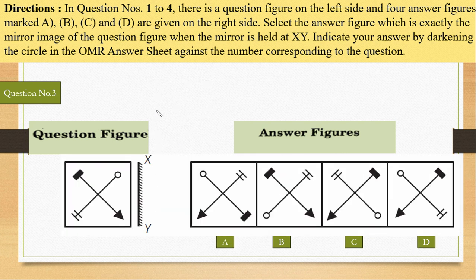In this question also, the mirror is placed on the right hand side and let us draw the square here. The object appears on the right hand side, so it should appear on the left hand side, and the diagonal appearing on this side will appear on the opposite side.